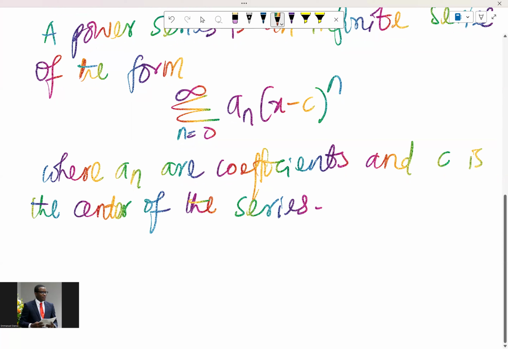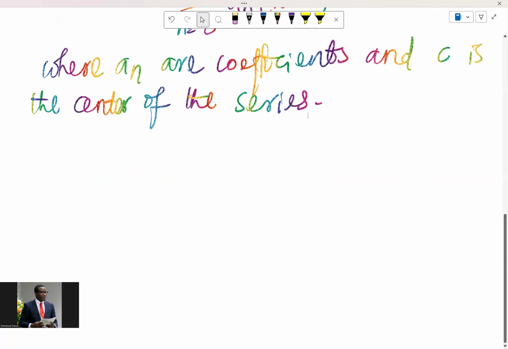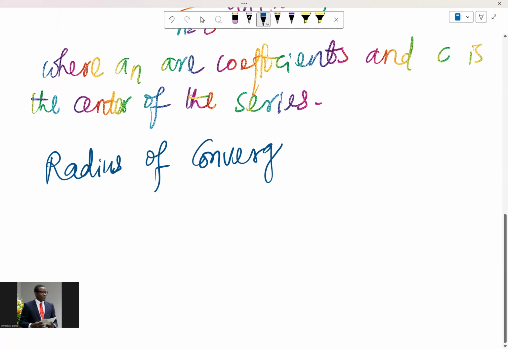So now let's talk about radius of convergence.